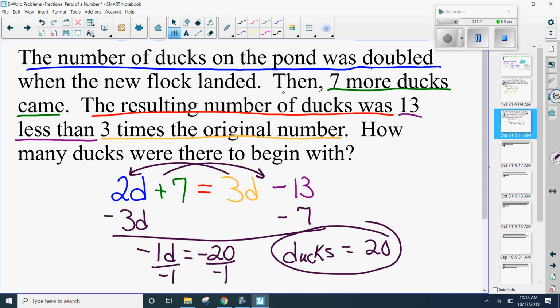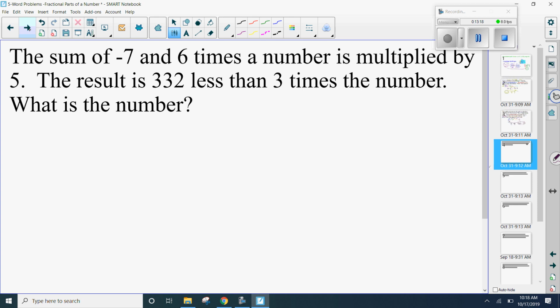Okay, question on that one. Try writing this one. Okay, I need to intervene. The sum. What's sum mean? Adding. So I want to find the word and. So I'm going to figure out what am I adding together. Okay.